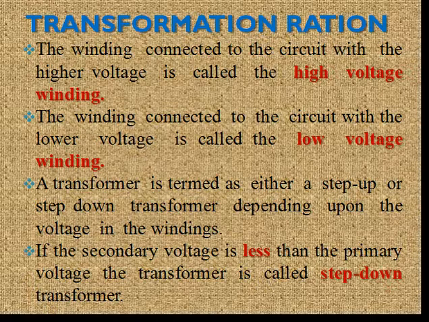A transformer is termed as either a step up or a step down transformer, depending upon the voltage in the windings. If the secondary voltage is less than the primary voltage, the transformer is called a step down transformer.